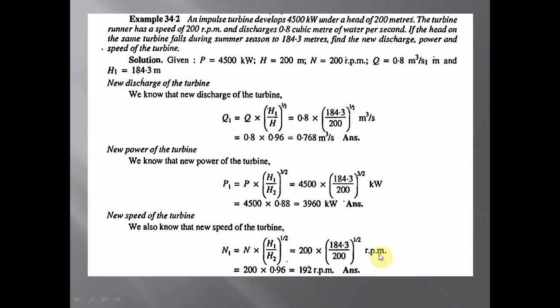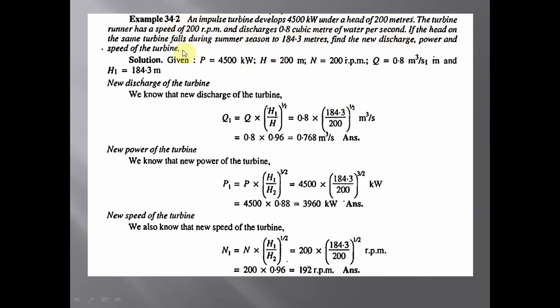65.5% is the efficiency. So next problem: an impulse turbine of 4500 kilowatt works under a head of 200 meters. The turbine runs at a speed of 200 rotations per minute and discharges 0.8 cubic meters of water per second.